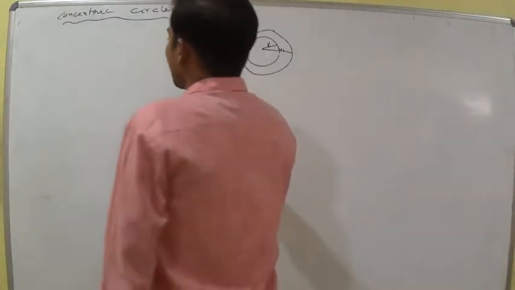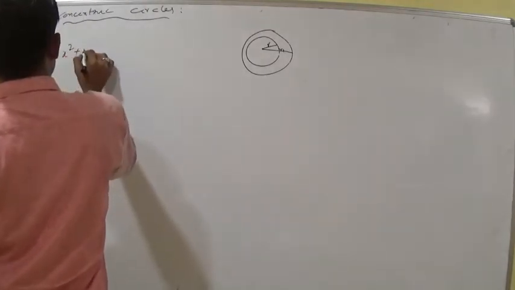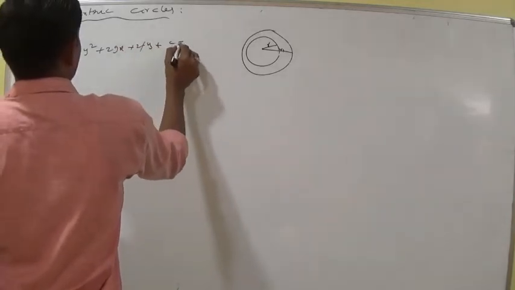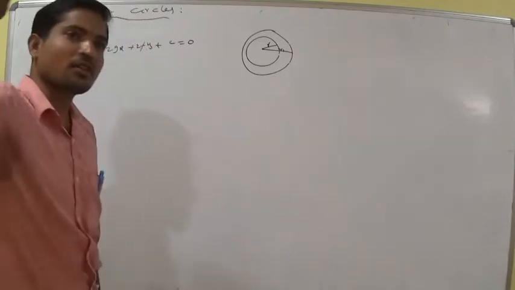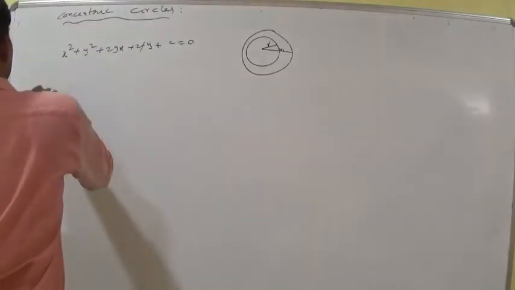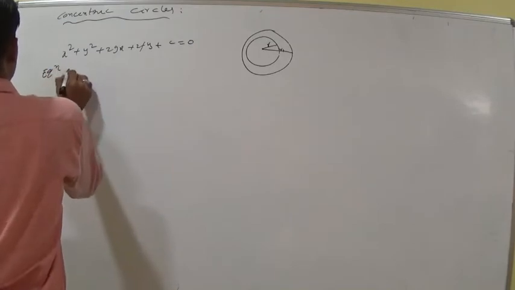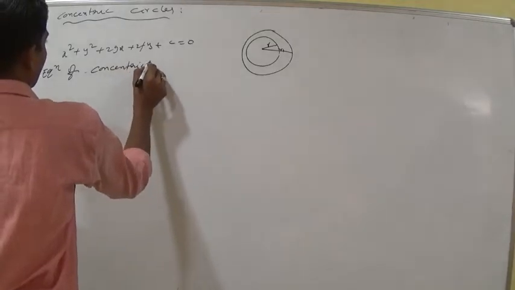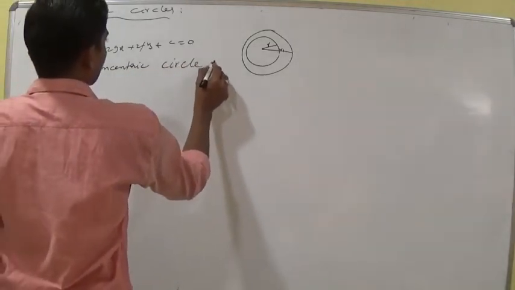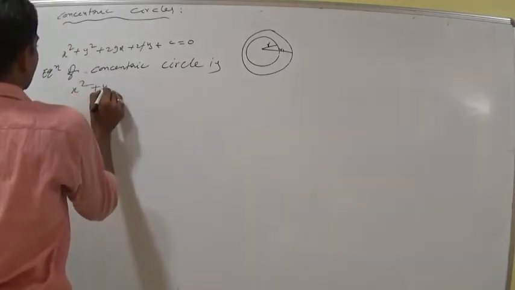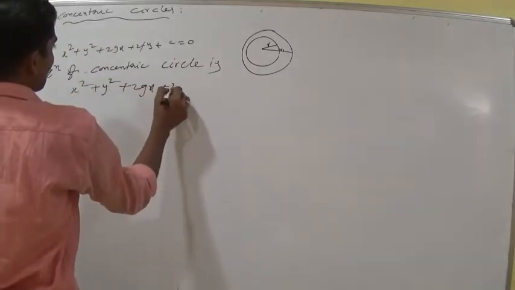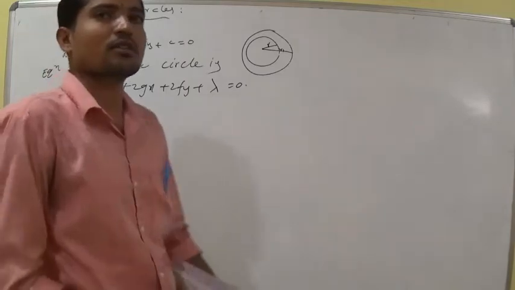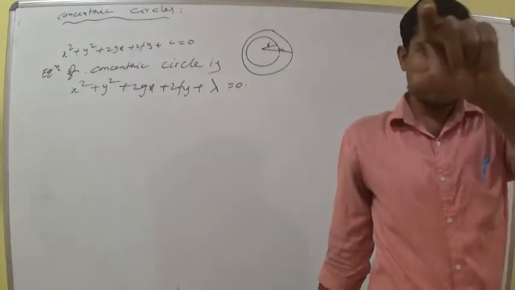Suppose the equation of a circle is x² + y² + 2gx + 2fy + c = 0. Its concentric circle equation is x² + y² + 2gx + 2fy + λ = 0. The two concentric circles differ by only a constant.